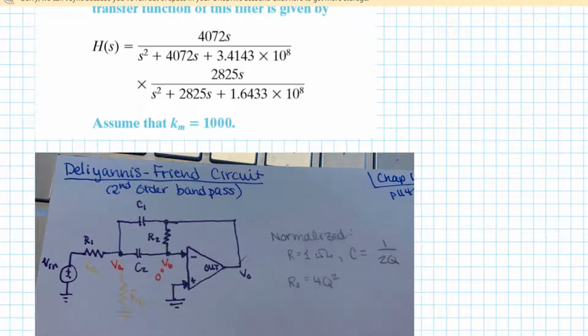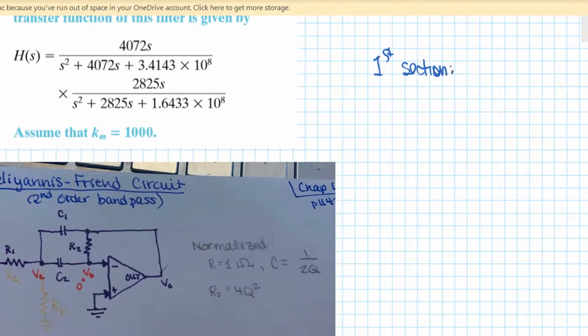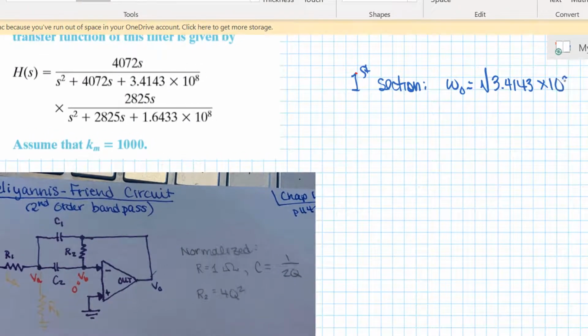So in this problem, there are two sections, right? For the first section, omega naught is the square root of 3.4143 times 10 to the 8th, which is 1.8478 times 10 to the 4th.